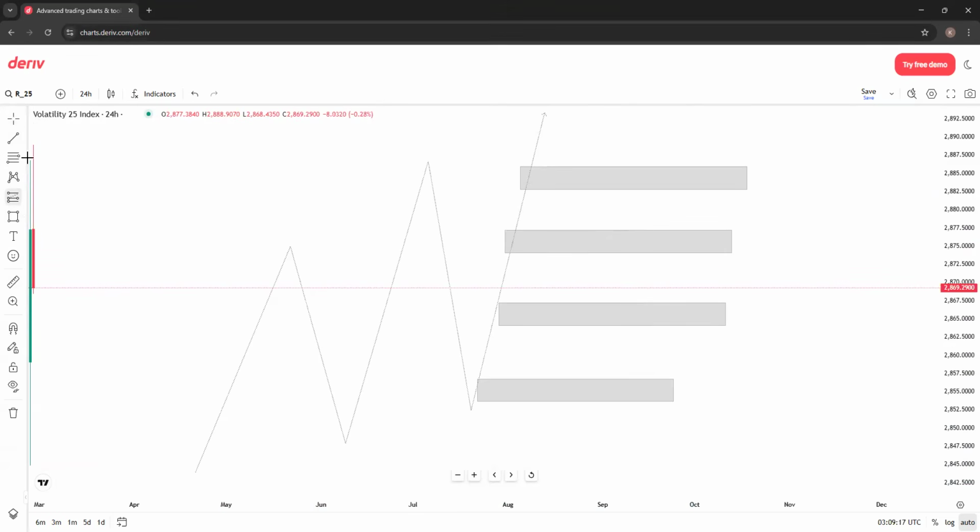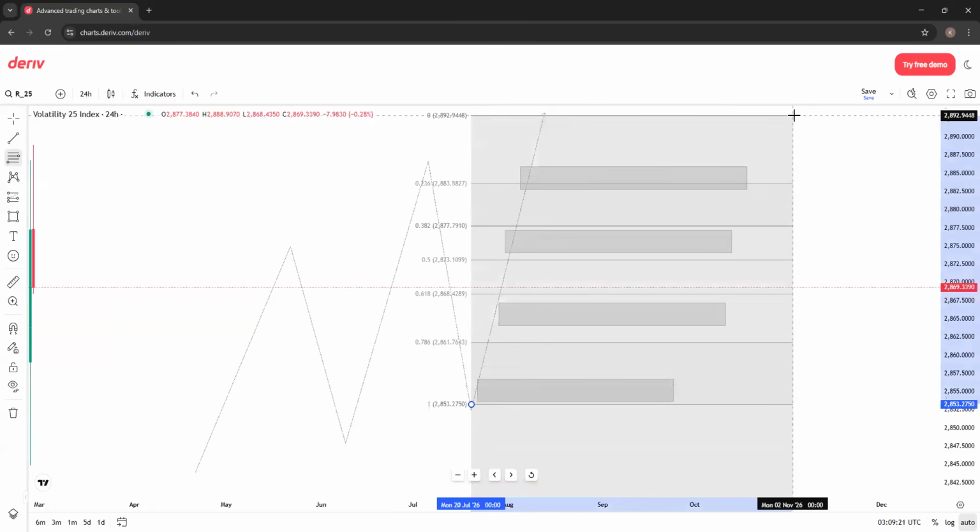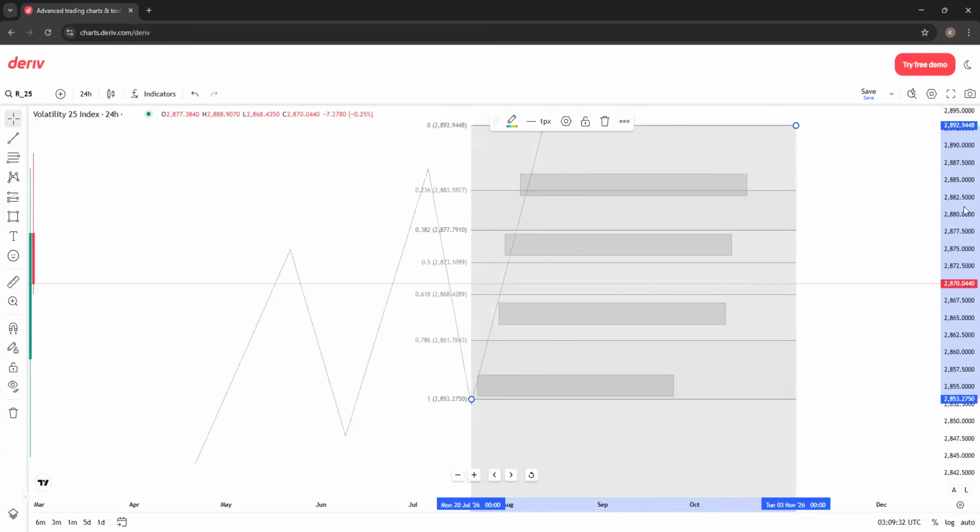What you do is you take out your fib, you put it from your low to your high, and any gap that is below the 0.618 level, we want to target that gap. At any gap that's above, yes, price might give us a small reaction.